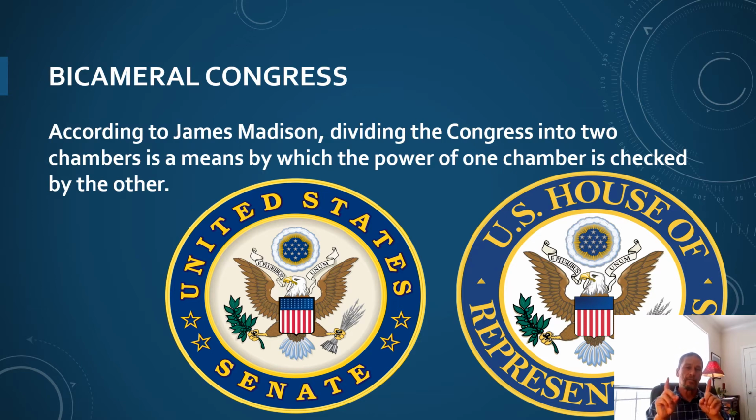But more than that, going back again to something that James Madison wrote about, this bicameral Congress, this two-chambered Congress, can actually accomplish some other things, because he wrote, as I've already said, that Congress in a representative democracy, in a republican form of government, is by nature going to be the dominant branch, because it all starts there.